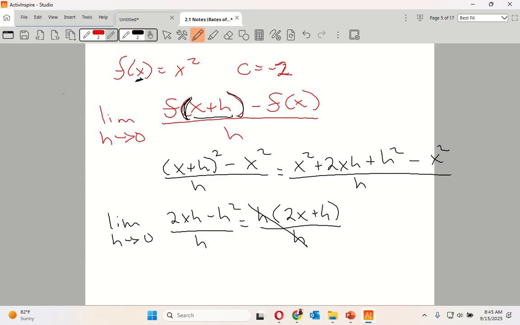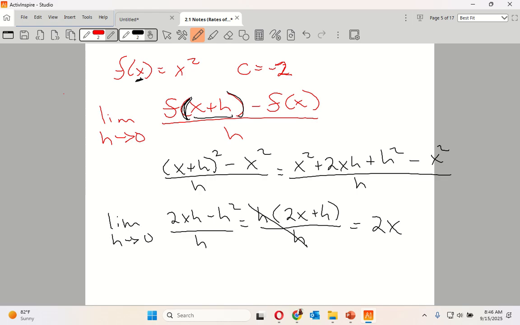Now can I plug in 0? If h is 0, I'm left with 2x plus 0, right? Which is just 2x. And we wanted to find out what it was when c is what? -2. Okay?